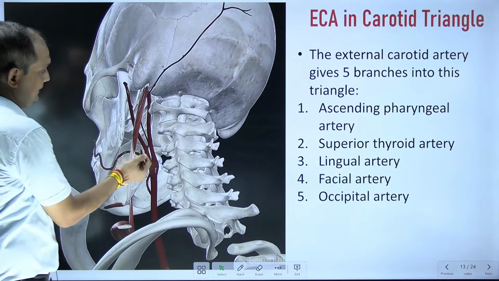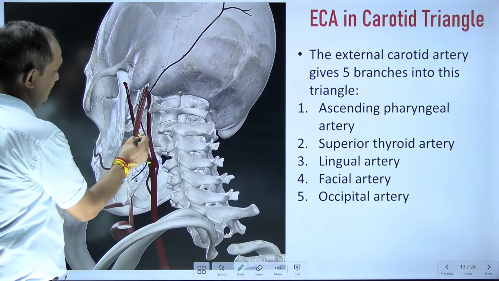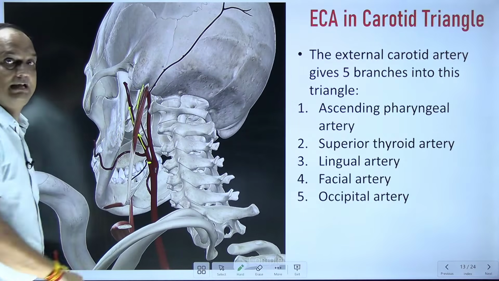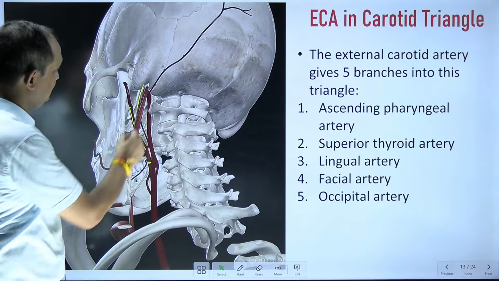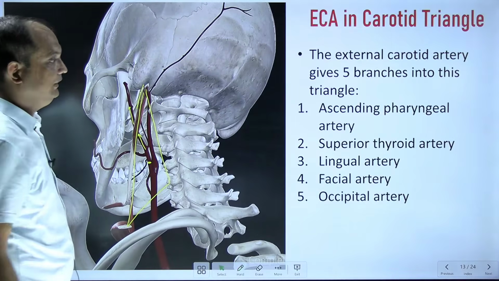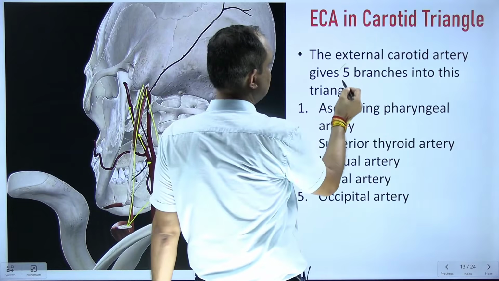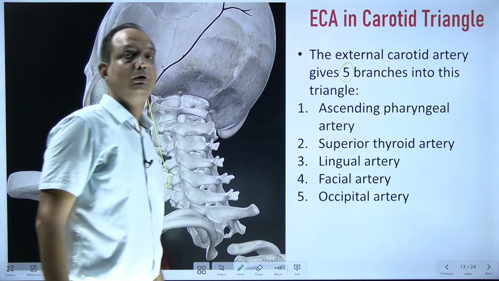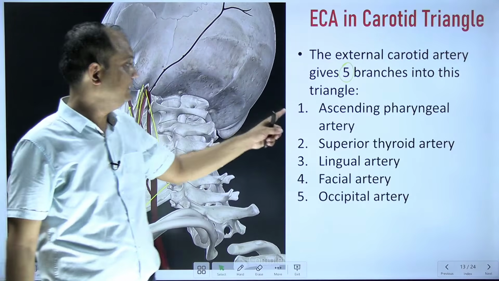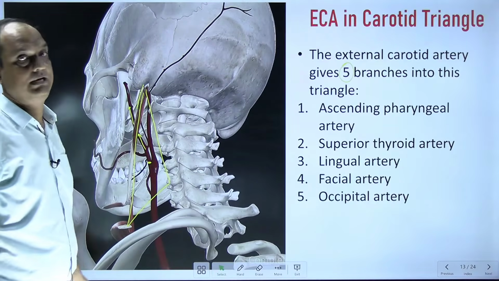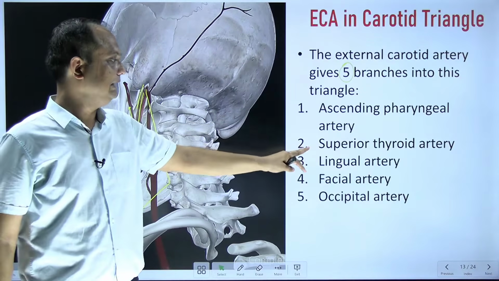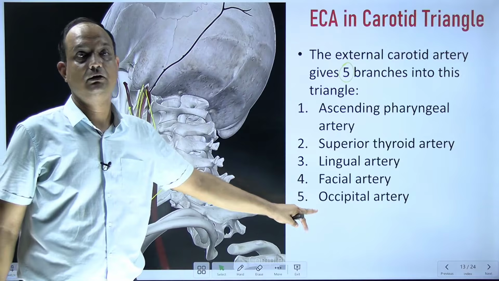Here the important thing is that you can see that this external carotid artery lies deep to the posterior belly of the digastric, and in the carotid triangle it will give 5 branches. Now this is the most commonly asked question in exam. There are a total of 8 branches of the external carotid artery. Out of the 8, 5 arise inside this carotid triangle. So what are these 5 branches? Ascending pharyngeal artery, superior thyroid artery, lingual artery, facial artery and occipital artery.